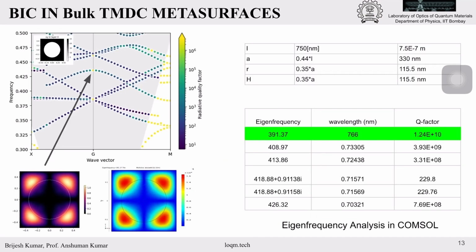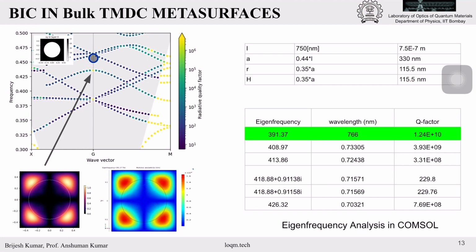For the next part, we tried this BIC in bulk TMDC metasurfaces. For that, we chose WS2, which has a high background permittivity of about 25, so a higher refractive index than silicon also. If you see, this mode has a symmetry protected BIC.